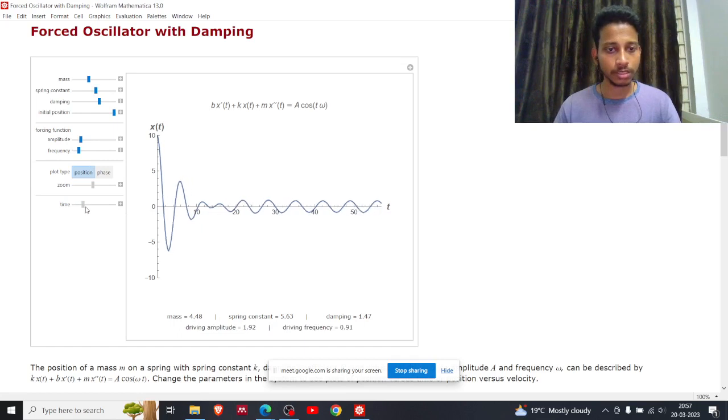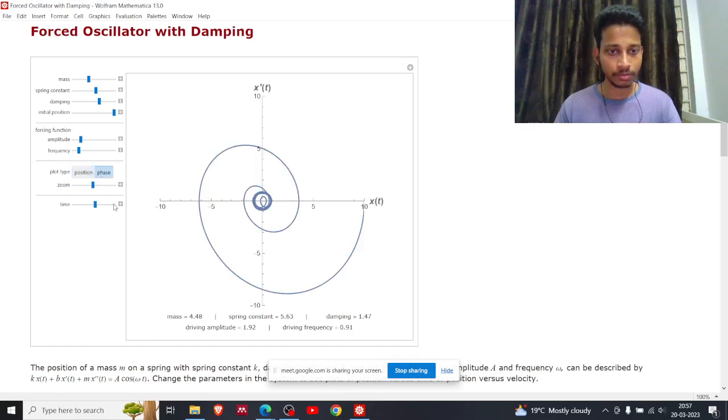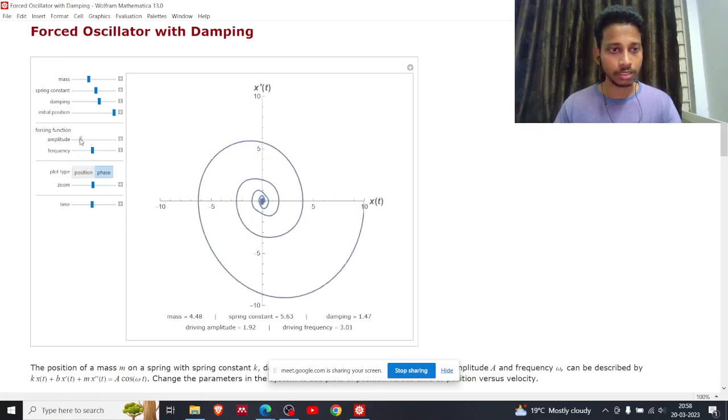Okay, so this is the thing, and here we can increase the time and see what is happening after some time. And this is the phase, the parametric plot for this particular situation. So basically if I turn the forcing function to 0, it is like this.